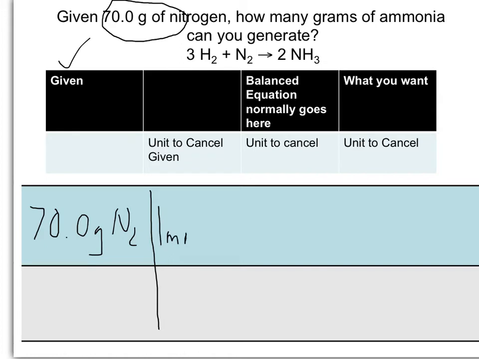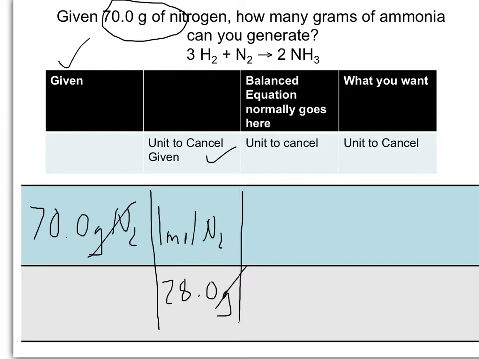So 1 mole of N2 is going to be 28.0 grams of nitrogen from the periodic table. So now I'm done with that step, and grams of nitrogen are going to cancel.